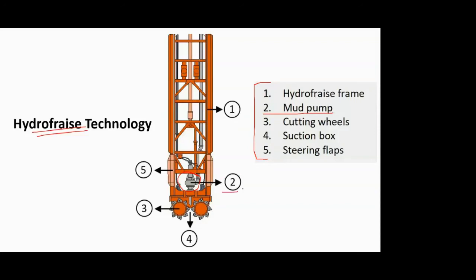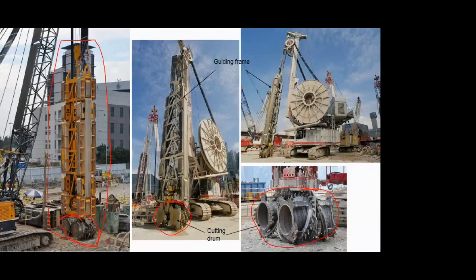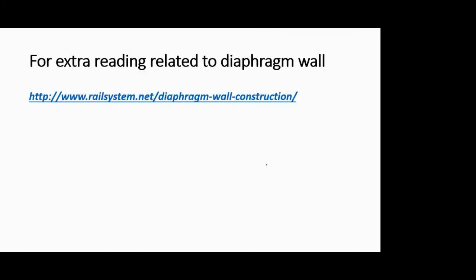That is done by this pump over here, and you can see the pipe goes up and it is collected. So this is the new thing nowadays for construction of diaphragm walls. You can see that the whole frame, the hydrofraise, is operated by this huge crane.